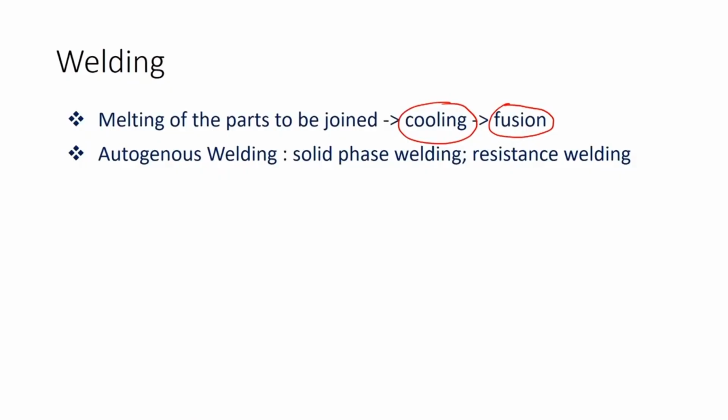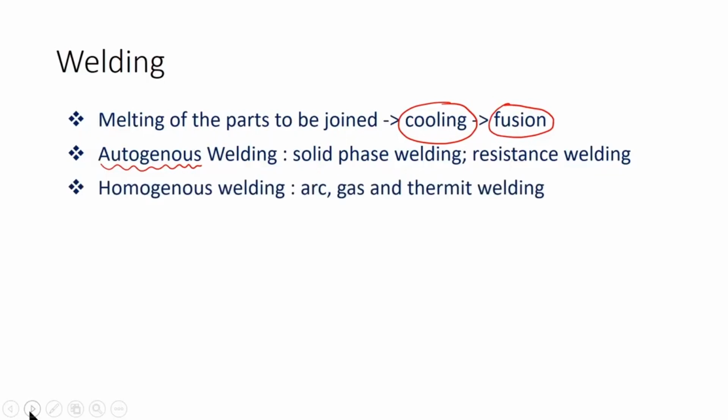There is another categorization of the welding operation, and the first category is autogenous welding. In autogenous welding, there is no external material that we are applying during the welding process. So, the two parent materials will be joined, and in general the solid phase welding processes and the resistance welding processes are examples of autogenous welding.